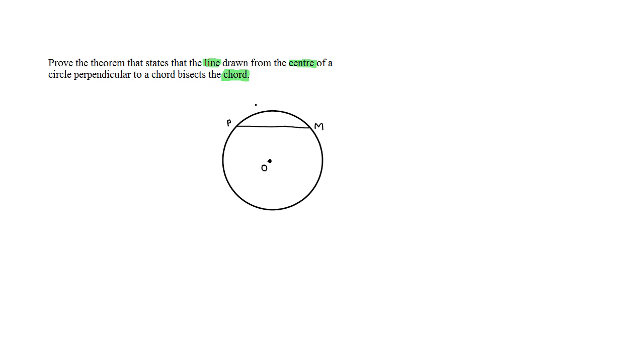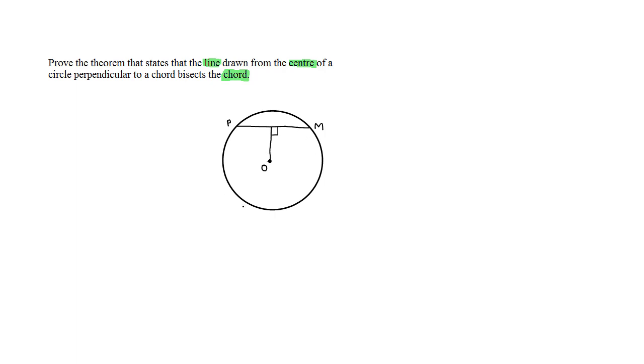What's the last part of the theorem? It said we needed a line which had to be drawn from the center, and this line specifically has to be perpendicular to that given chord. So that's the last component that we need. We just need to draw a straight line from the center to the chord such that that line is perpendicular to the chord.